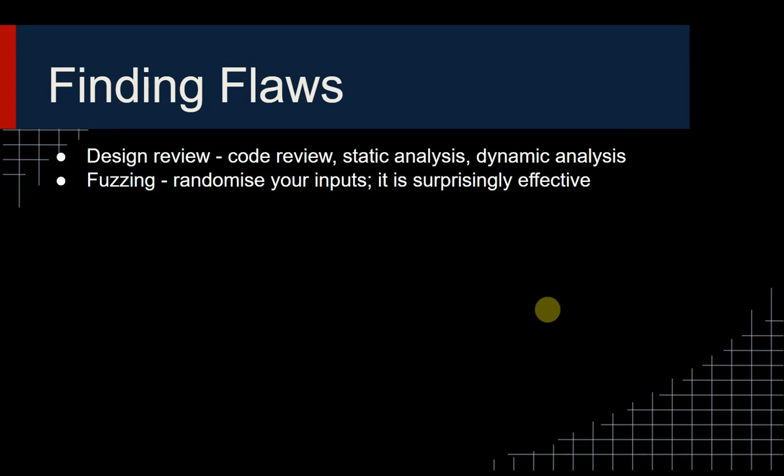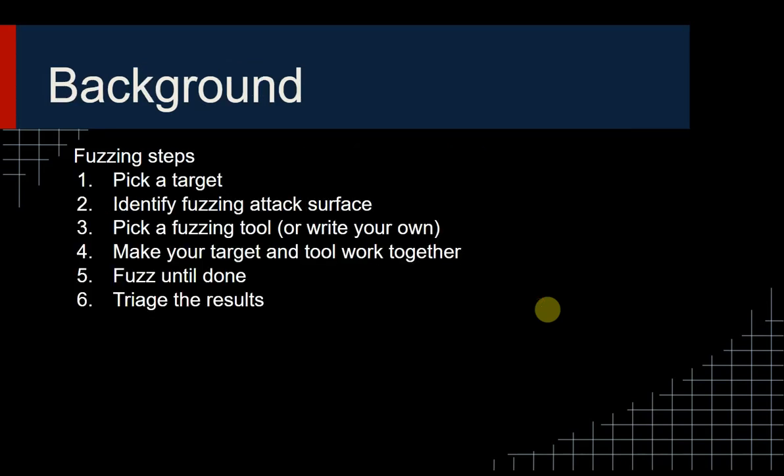Now, we're introducing this concept of fuzzing that we started last week, where we're randomizing our inputs, and it is surprisingly effective. So it's one of the things that I think is important to cover when looking at the discovery of vulnerabilities in programs.